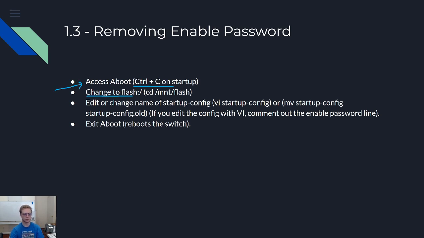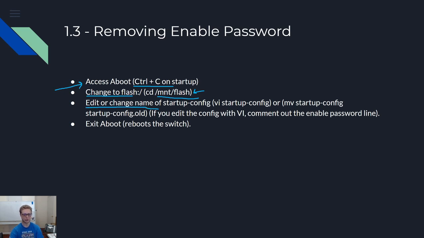We can change the directory to the flash directory, which, in Cisco, you'd use flash colon, but in this case, we're actually running Linux, so we're going to put it in a mount flash directory. Flash is actually a mount point in Linux, so you change directory, CD, which stands for change directory, and then mount flash, or MNT if you want to spell it out, /flash.